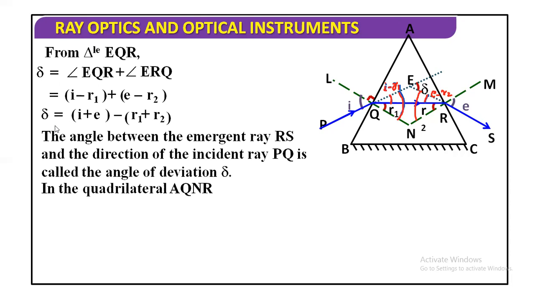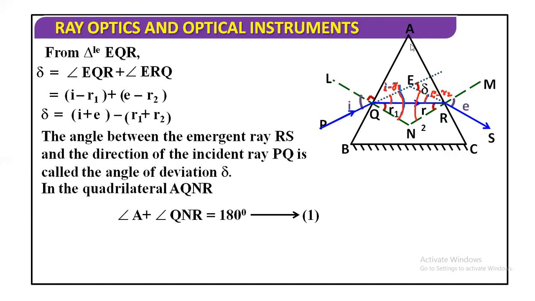Now choose the quadrilateral AQNR. This is our quadrilateral, and in a quadrilateral we know the sum of the opposite angles is equal to 180 degrees. So angle A plus angle QNR is equal to 180 degrees, because in a quadrilateral the sum of the opposite angles is equal to 180 degrees.